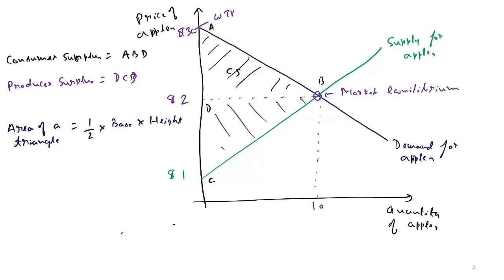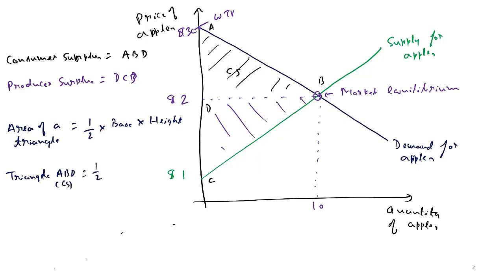So half times base times height. So in this particular case, let's say the triangle ABD, that's consumer surplus, which is also our consumer surplus.